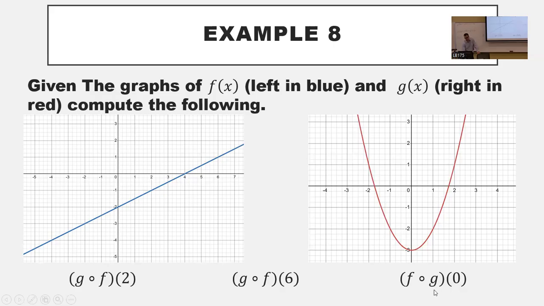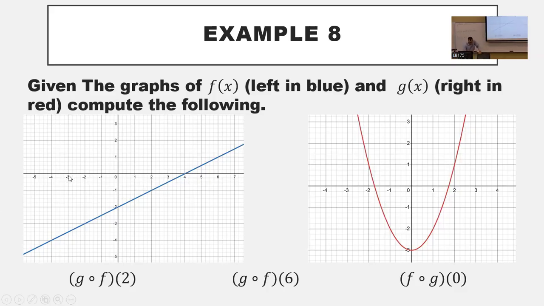Let's try this one. This one, we need to plug in 0 into the g function. If I plug in 0 as my x value, my corresponding y value looks to be negative 3. So g of 0 is a negative 3. And so I plug that negative 3 into my function f. And when I plug in negative 3 into f, it looks like I get a negative 3.5.